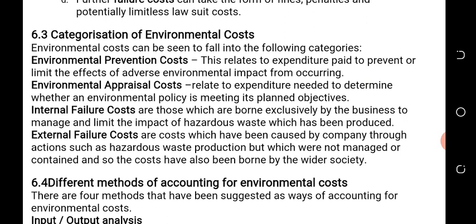So what are those internal costs to reduce this cost that will be produced?